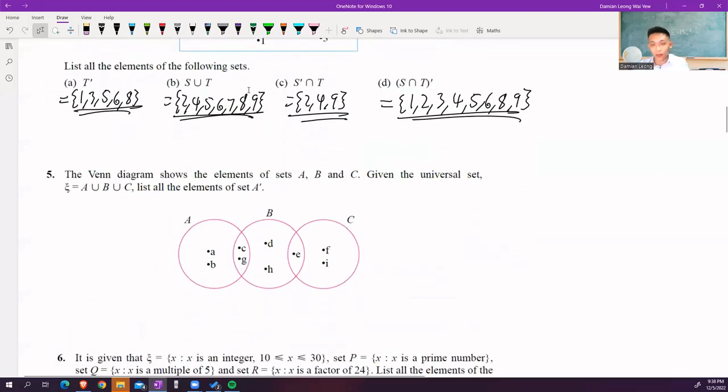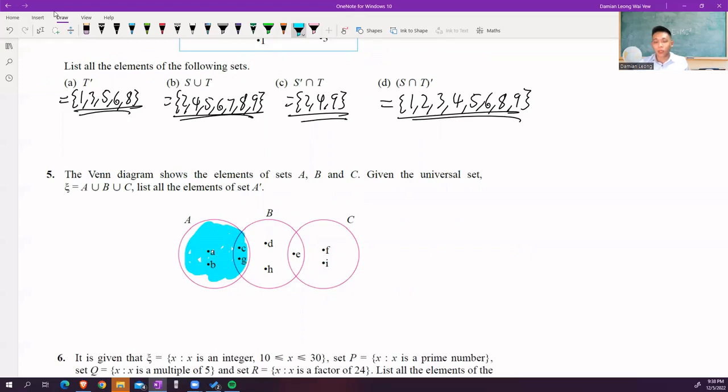Then question 5. The Venn diagram shows the elements of sets A, B, and C. Given the universal set is A union B union C, there's nothing outside of these three sets. List all the elements of set A complement. Set A is here, including the C and G also.